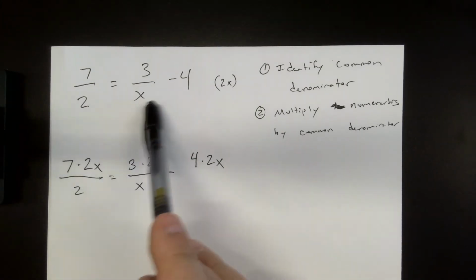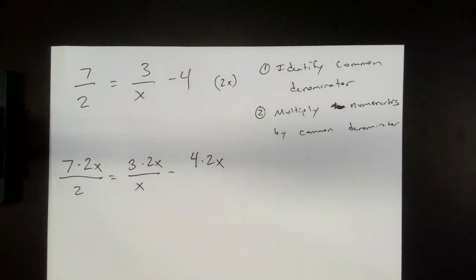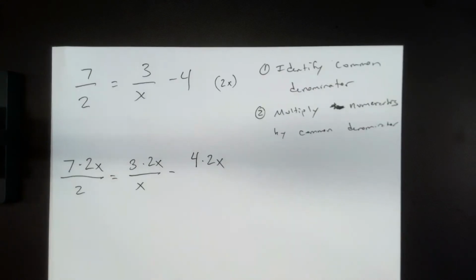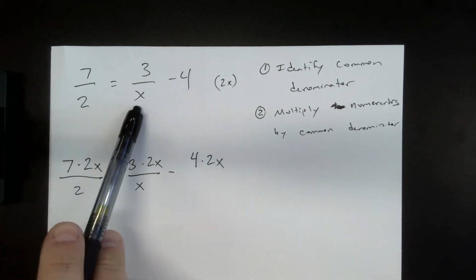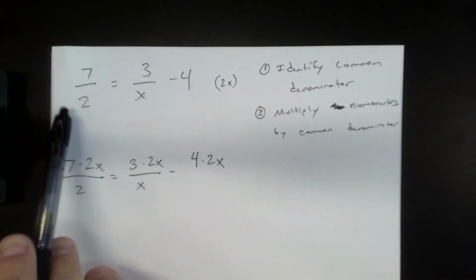So if they're different like this, just multiply them together, it just makes 2x. Okay? If x was 4, would the common denominator be 8? If x was 4, it'd be 4 because 2 goes into 4.